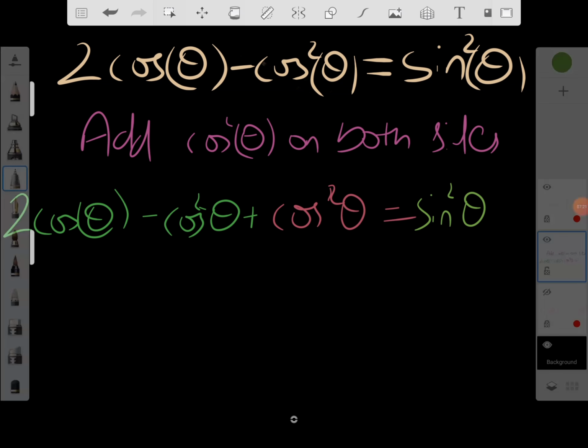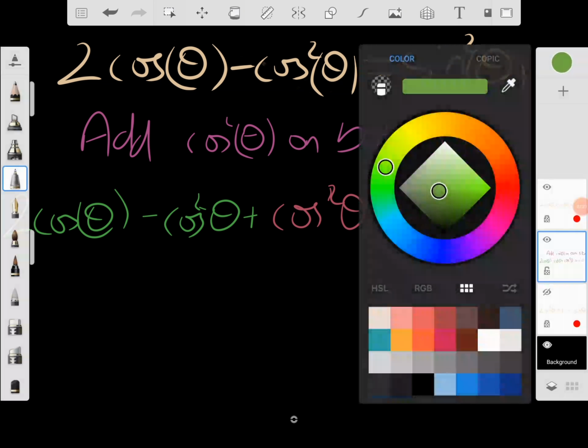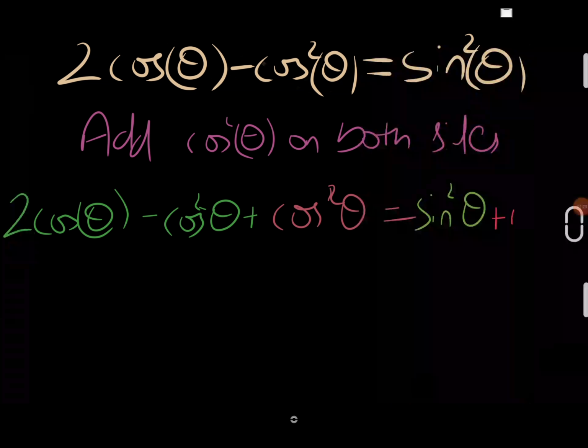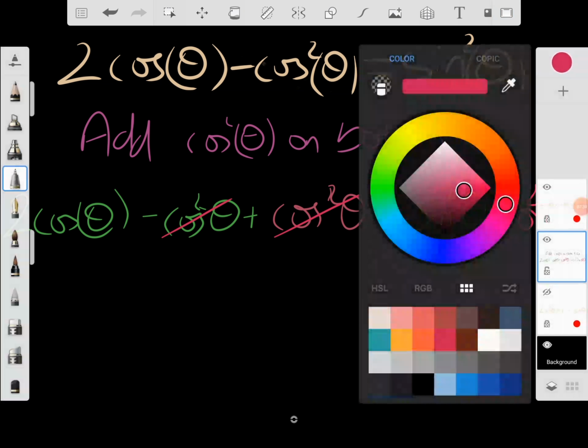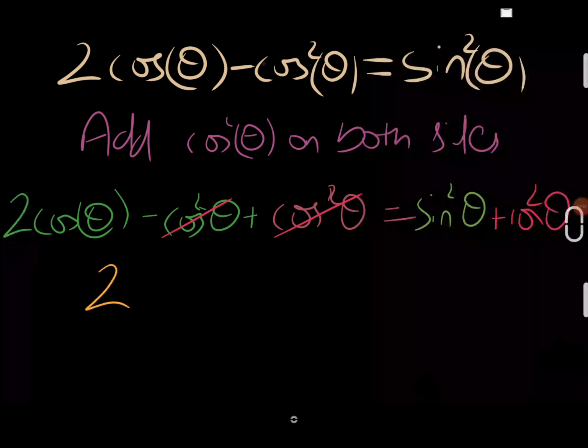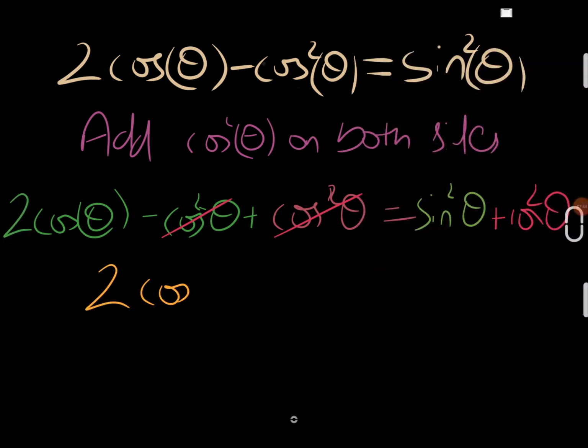sin square theta, plus cos square theta, which is what we just did. And we see that minus cos square theta plus cos square theta will be cancelled, and what we will get is 2 cos theta is equal to sin square theta plus cos square theta.